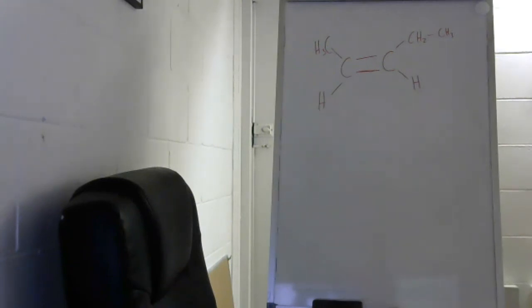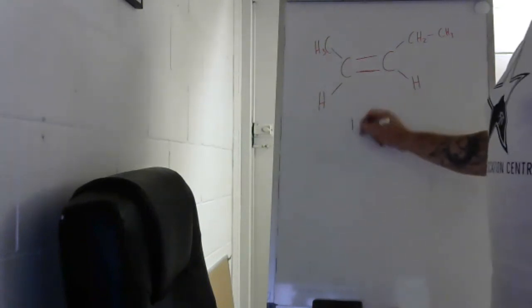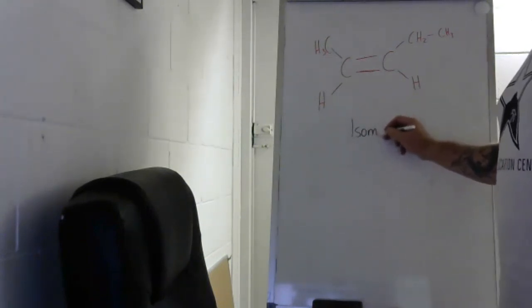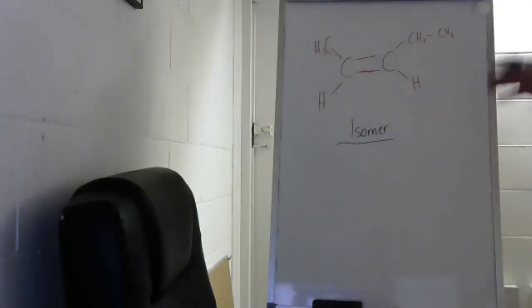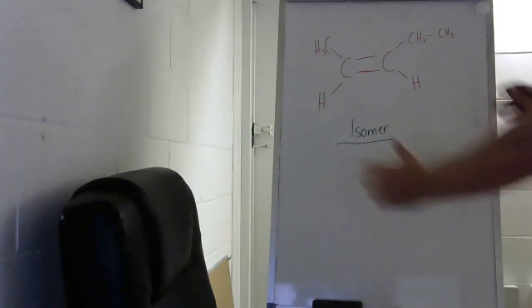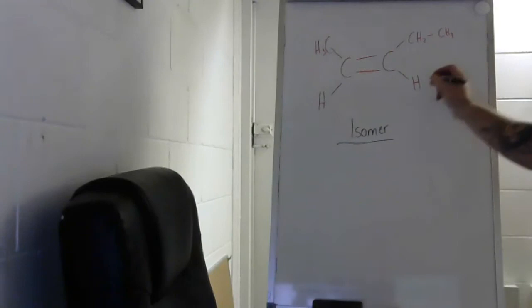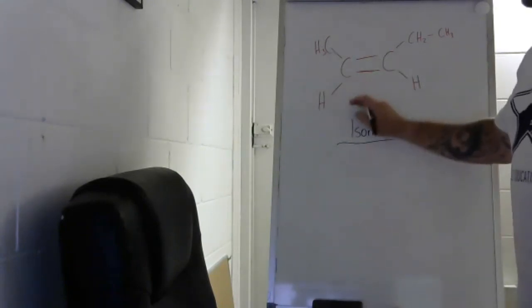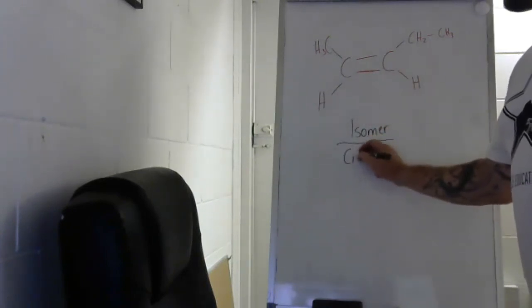Firstly, because I haven't taught it what you need to know. So what we have here is an isomer. Most alkenes are isomers for a number of reasons. Here we have what is effectively a 3D molecule with both hydrogens on the same side. So if hydrogens are on the same side, we call it a cis isomer.